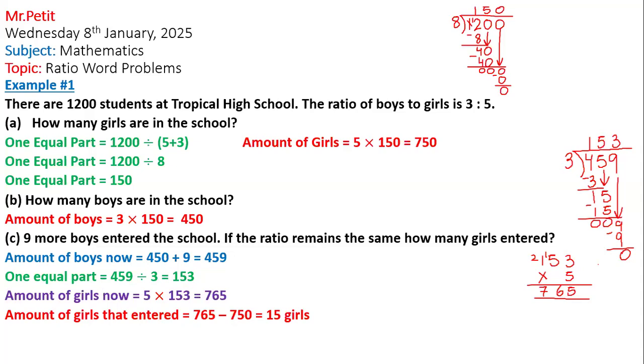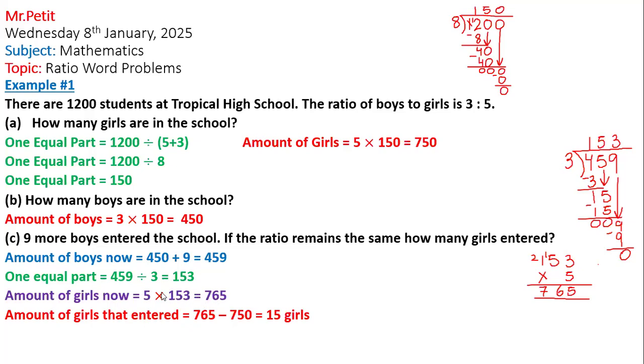You don't know why? Okay, we use 3 because how many equal parts is for boys? 3, right? So it's 459 divided by 3. That's why we use 3, which gives us 153. Continue. So we calculate the amount of girls that are there now, which is 5 times 153, and that gives you 765.